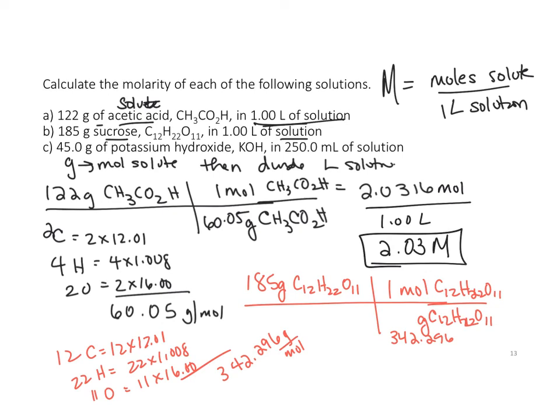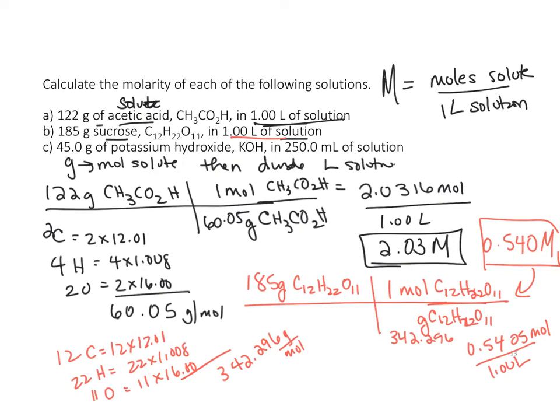And you have 185 divided by 342.296, and that gives you 0.5405 mole of sucrose in 1 liter solution. So now you can divide by 1 liter, and that's going to give you 0.540 molarity of sucrose.